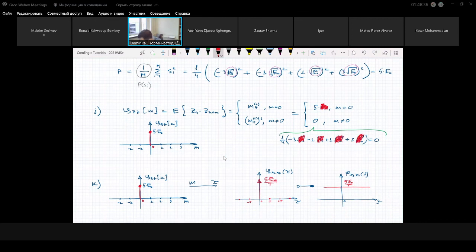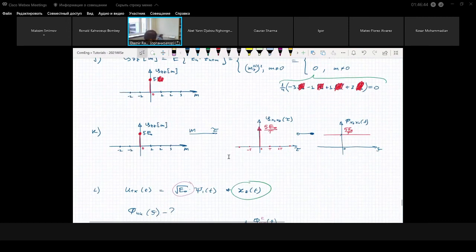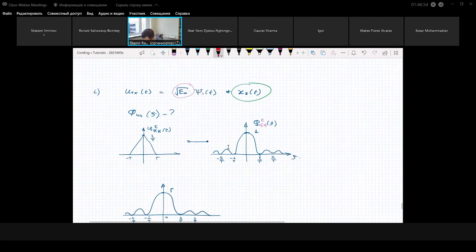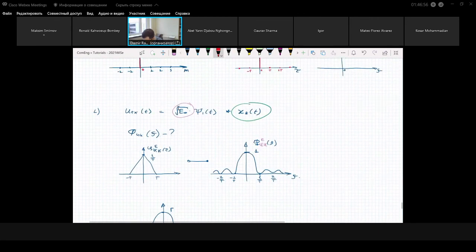So we have just numbers. They don't ask about powers, they're asking about symbol. So we don't have E0 anywhere. We have just 5 over T0. And finally, we multiply by E0 because it comes from this expression.